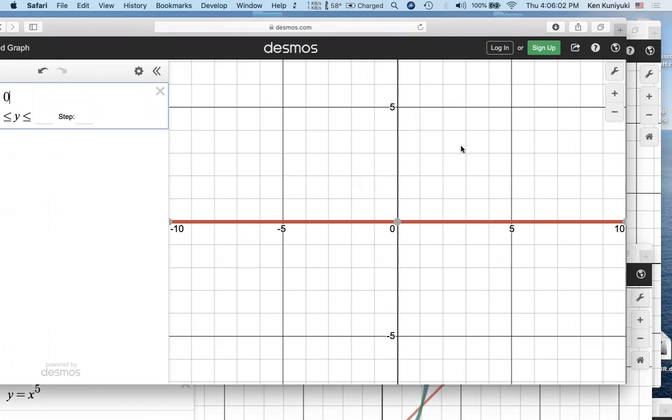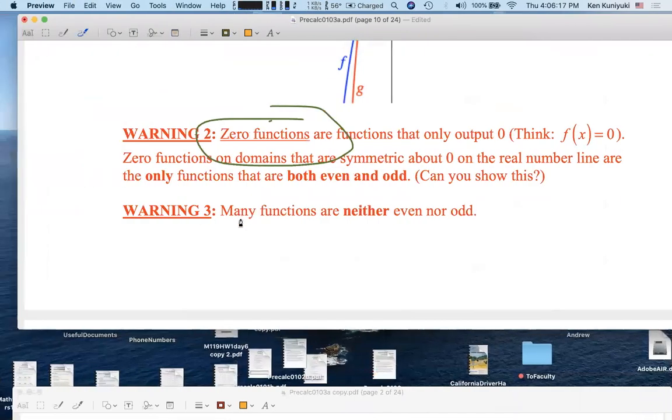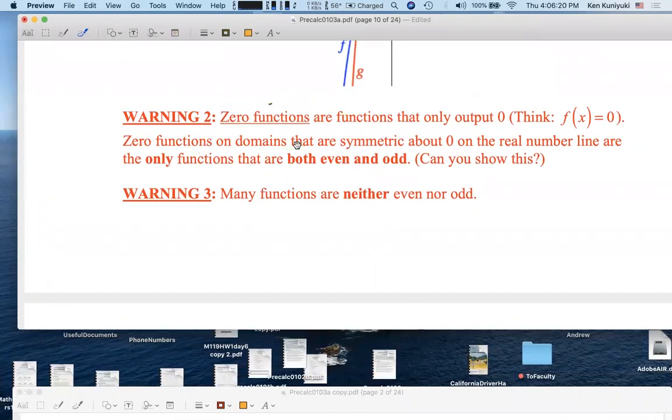If you take this thing and you rotate it 180 degrees about the origin, do you get the same graph? Yes, you do. F of x equals 0 on R, the set of all real numbers as a domain, that's both even and odd. Any 0 function where the domain is symmetric about 0 will be both even and odd.